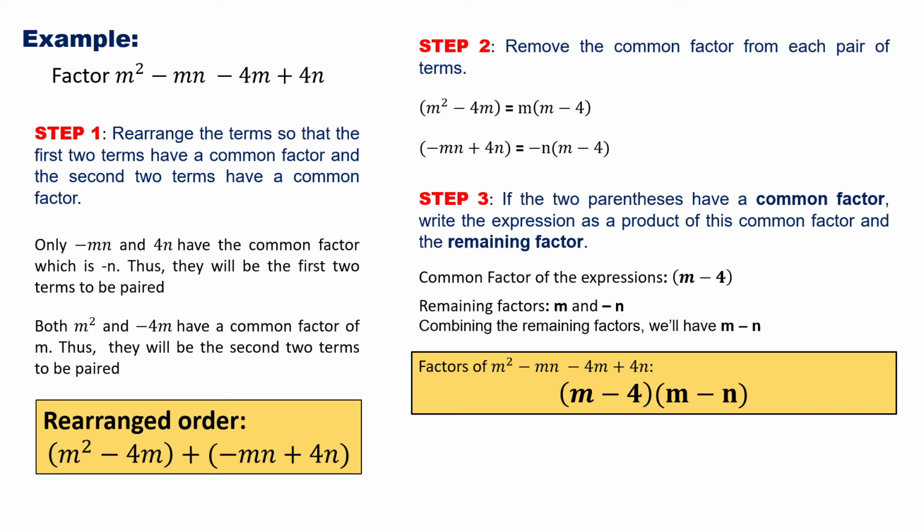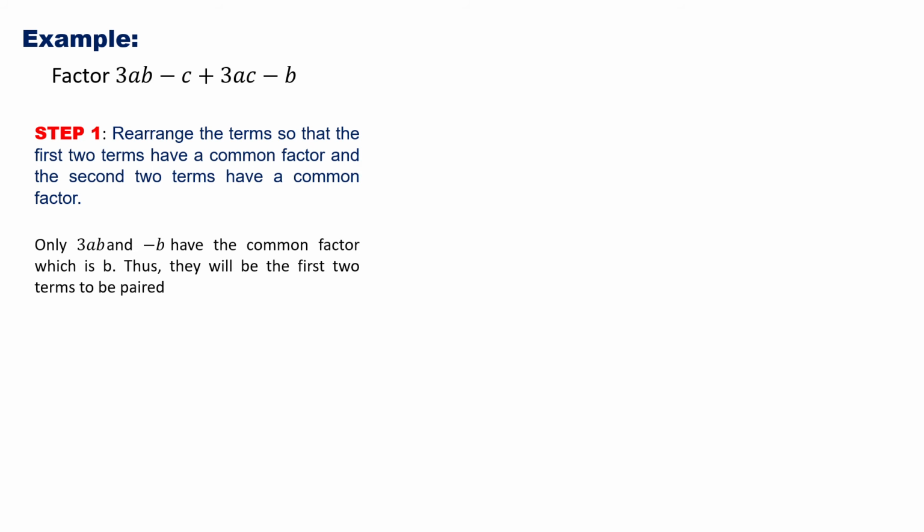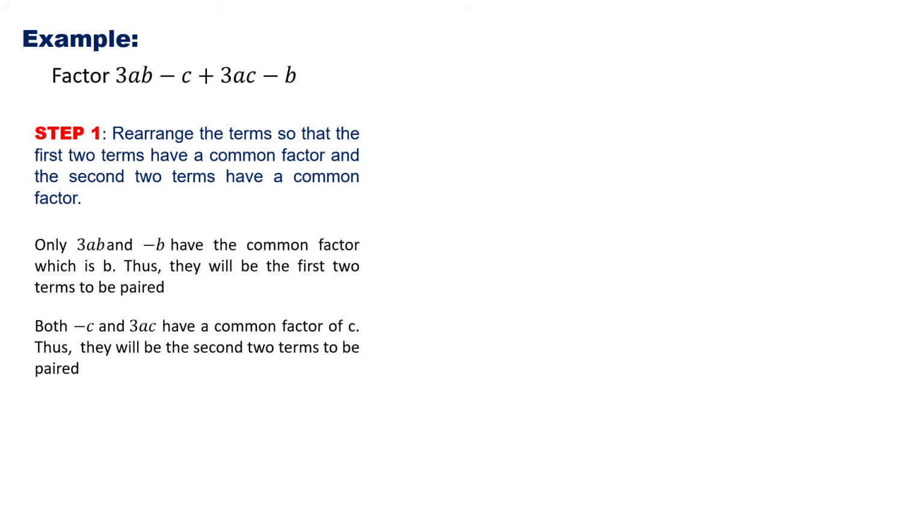And for the last example, we have here factor 3ab minus c plus 3ac minus b. As you can observe, only 3ab and negative b have the common factor, which is b. Thus, they will be the first two terms to be paired.